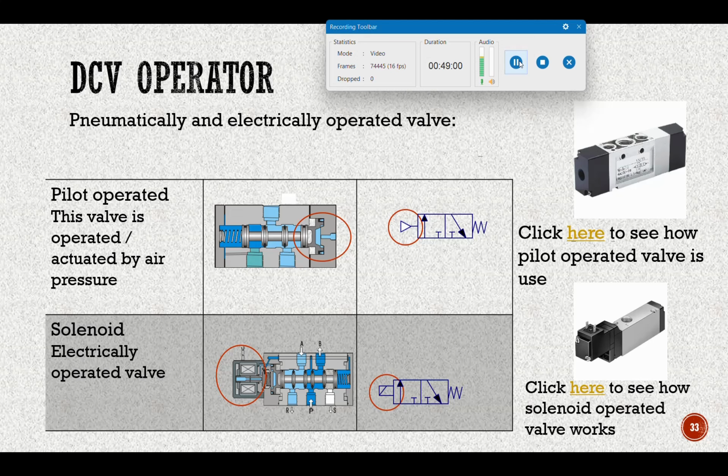If you have a solenoid one, then it will be an electrically operated valve. So with an electrically operated valve, you can control the valve remotely as part of a PLC system. We can program that solenoid to be actuated at a certain time for a certain period of time. So that is nice to have.